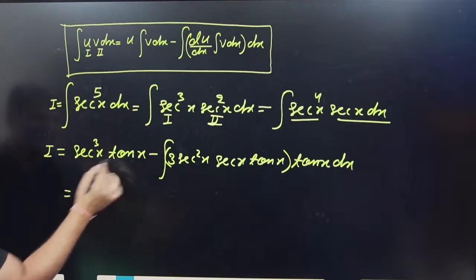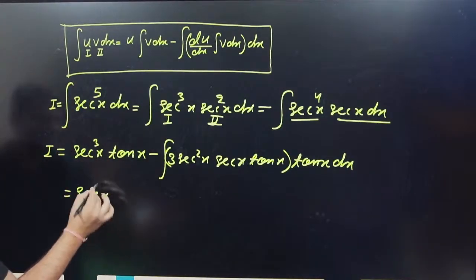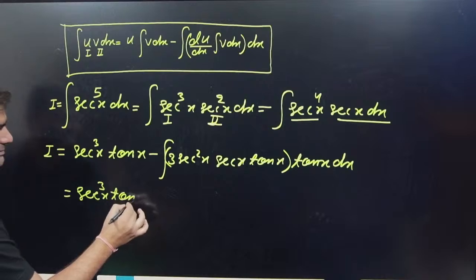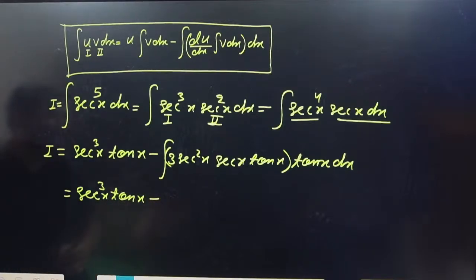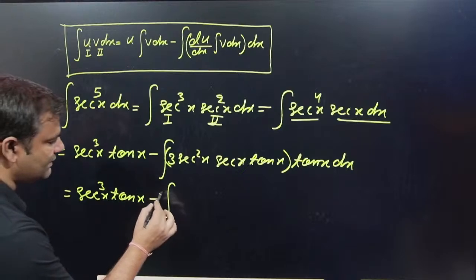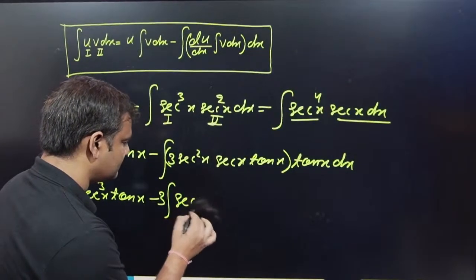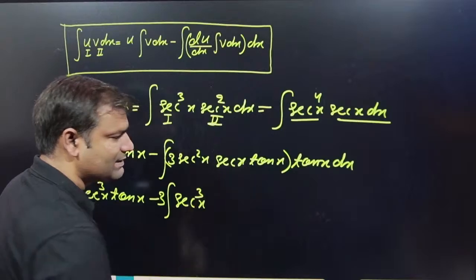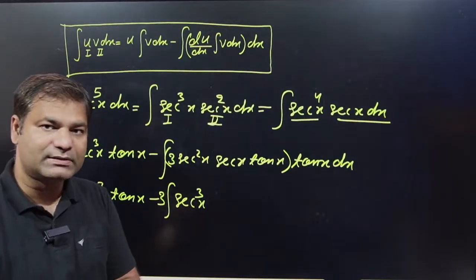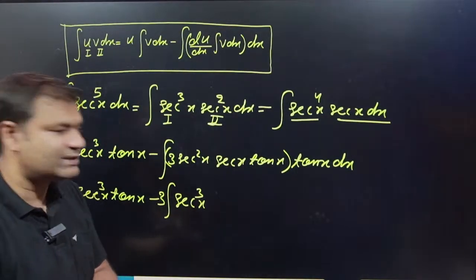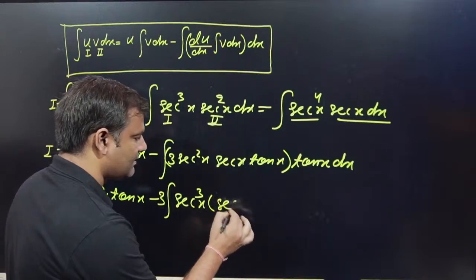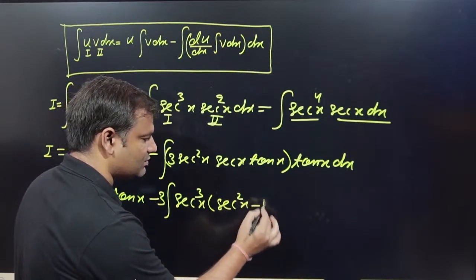After that, that part is written, and here 3 times sec cube x tan square x dx, tan square x replaced by sec square x minus 1 dx.